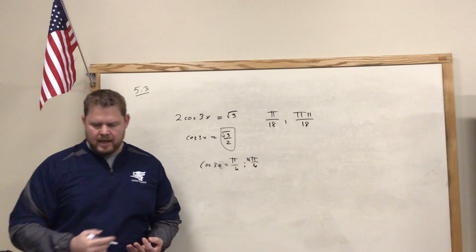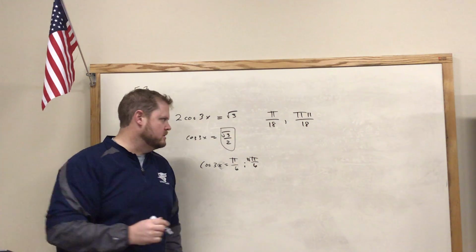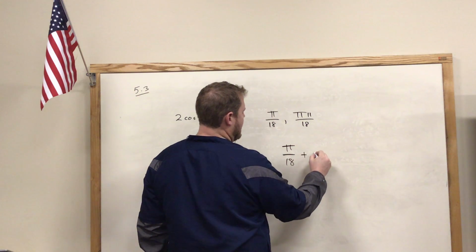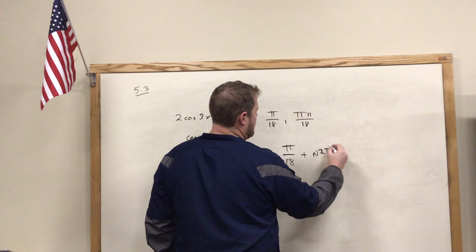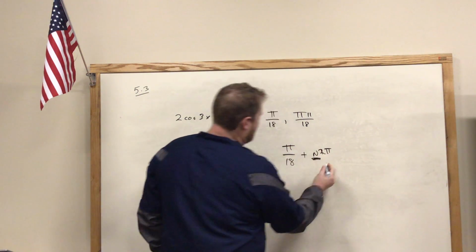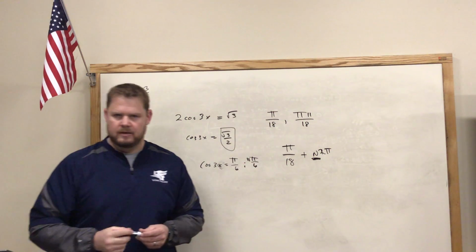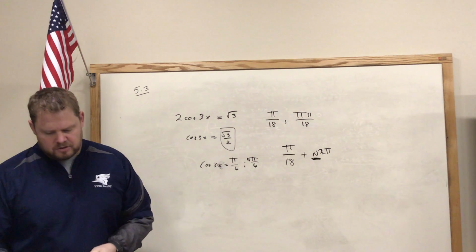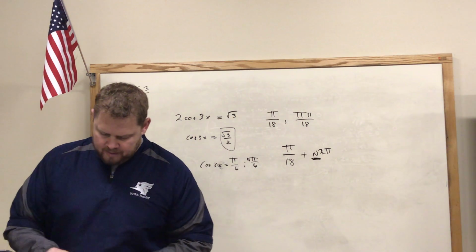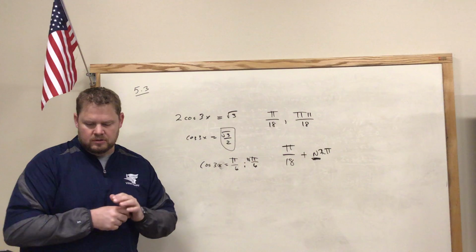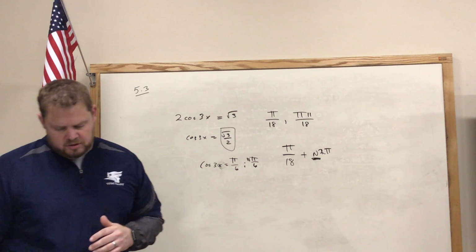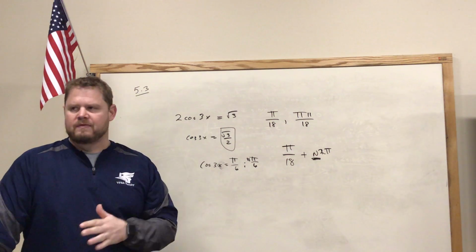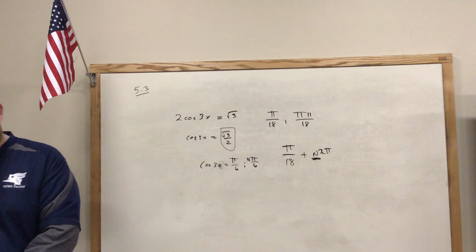Now, remember, if I want to get multiple rotations, it's pi over 18 plus n times 2 pi. So every time I go around, I add 2 pi to it. And that's where we would get all of our multiple answers. And so if they say find primary solutions, you'll find a bunch of solutions for that. If you go n equals 1, 2, and 3, you'll get up to 35 pi over 18, okay?